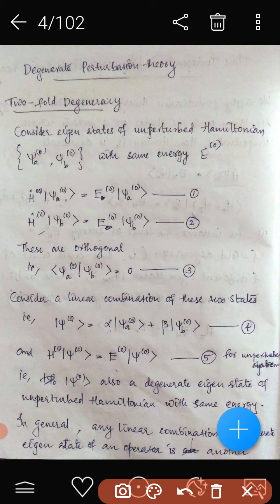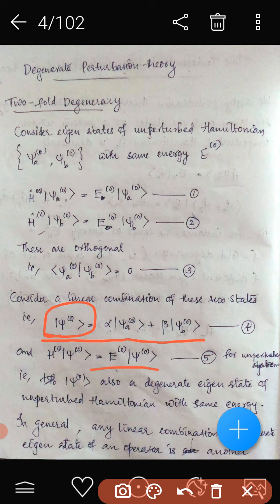We can write this linear combination as psi^0 equal to alpha psi_a^0 plus beta psi_b^0.